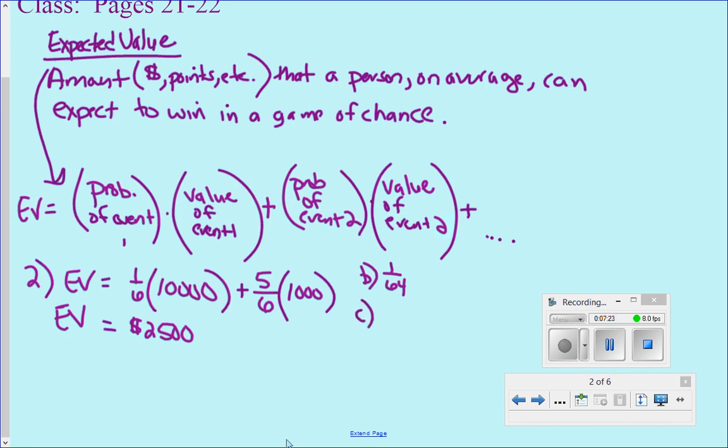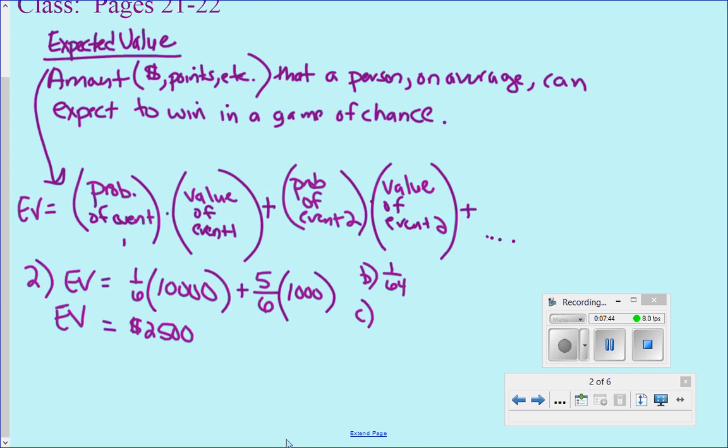And then C, what's the probability of winning anything? Well, it says that in this game, if you match the amounts, you will win that amount. Matching the amounts means like I'll get the $100 and then the $100 again, or the $10 and then $10 again. The spinner will land on that. That's what it means by match.